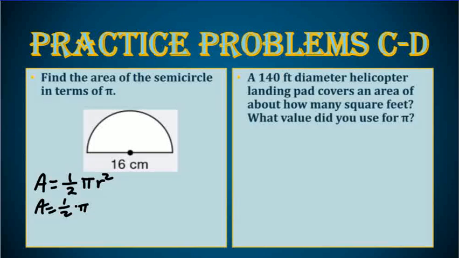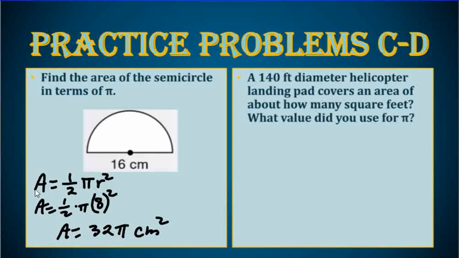The radius, half of 16 is 8. I need to square that. So 8 squared is 64. Half of 64 is 32. So area would equal 32 pi square centimeters.